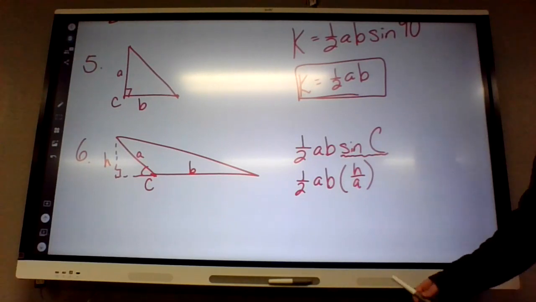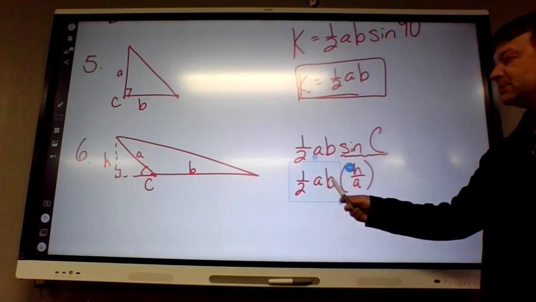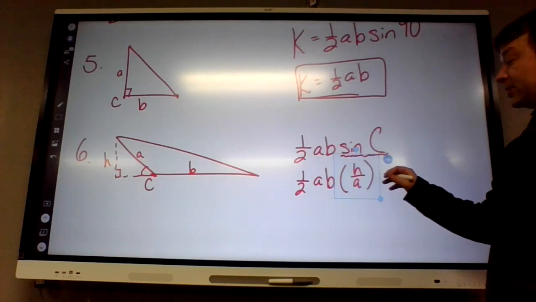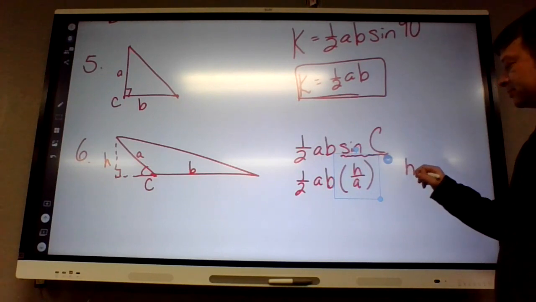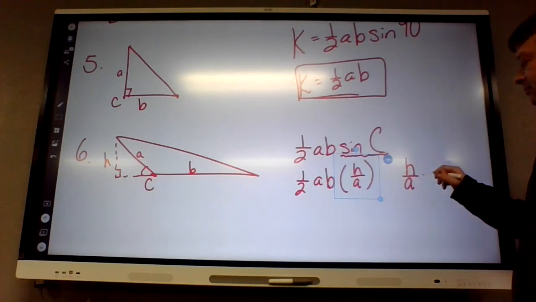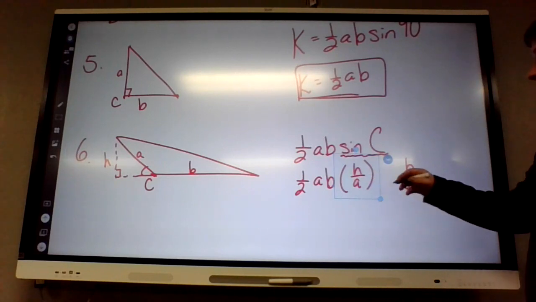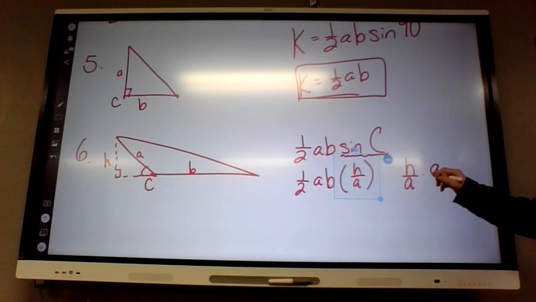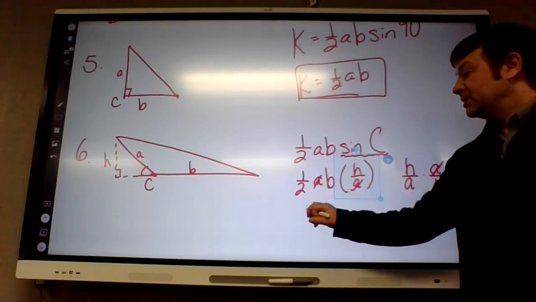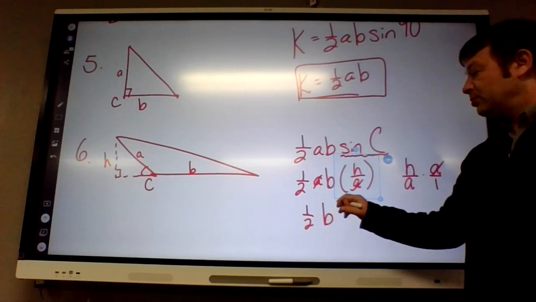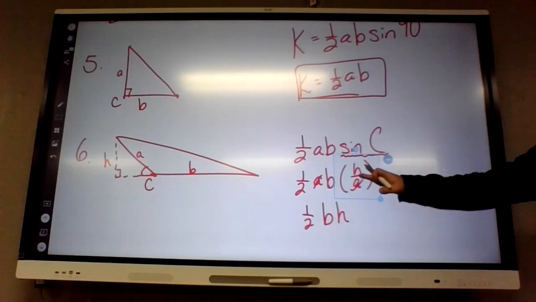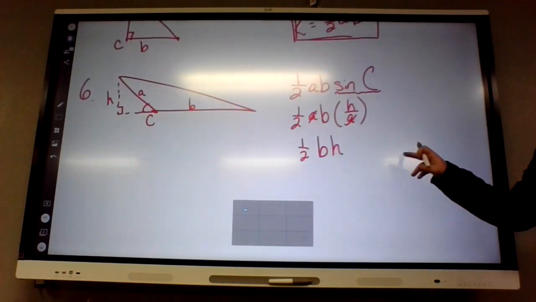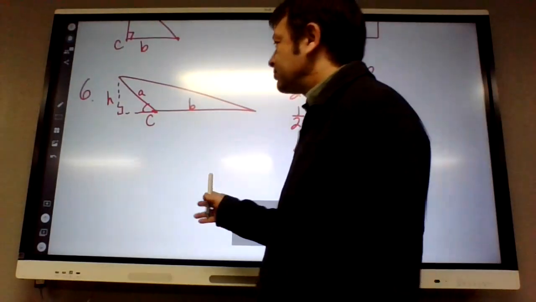How will this simplify? What's A times H over A? H over A times A is H, so these two just cancel out. So it just turns into 1/2 base times height. So this is kind of how you show it, which is the area of a triangle, right?